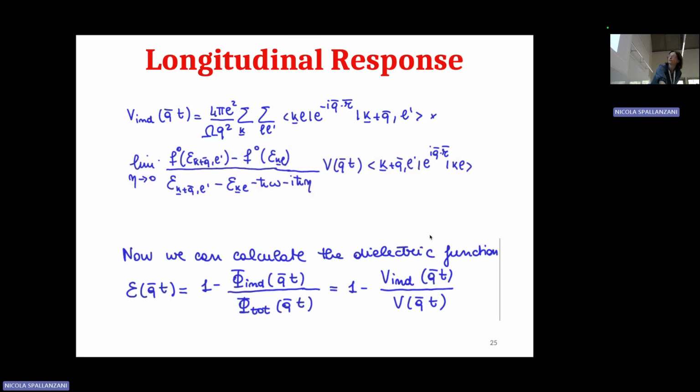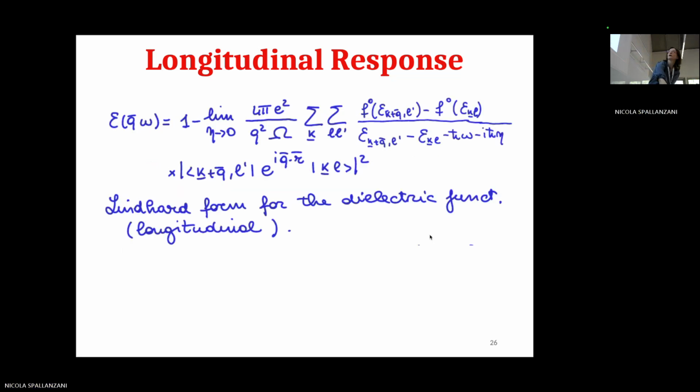Since we have established this relation, we can obtain the electric function. The electric function that we obtain is the following, which is the Lindhard formula for the electric function for the longitudinal response.